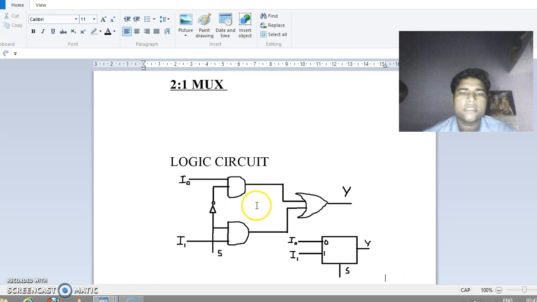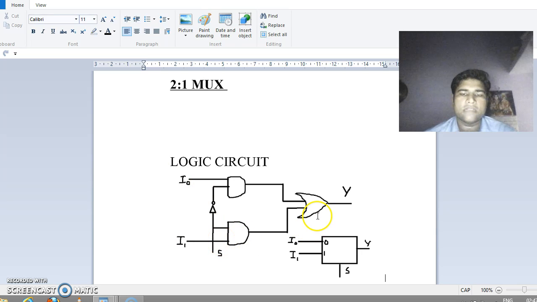Here, this is the logic circuit of a 2:1 multiplexer. In this we have 2 AND gates and 1 OR gate. Here I have given S, which is a select line; as it has 2 inputs, there is 1 select line. There is an inverted input, a direct input, and these are I0 and I1, which are simple inputs.